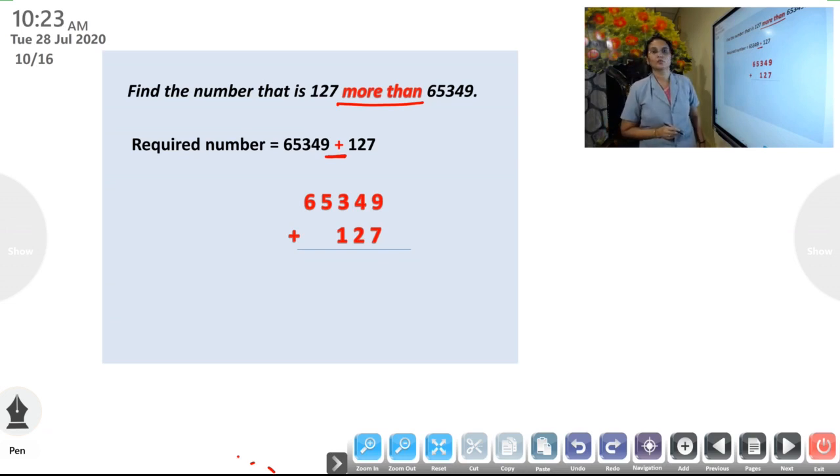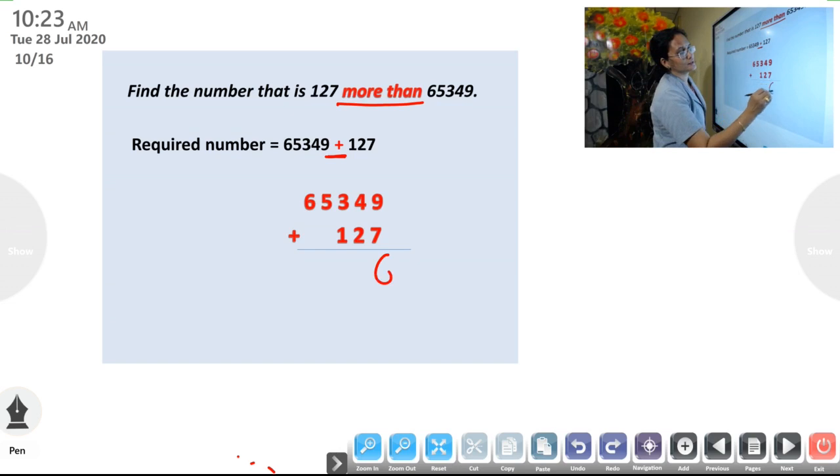65,349 plus 127. Now you have to arrange in columns vertically, one number under the other number. This addition you can do in the working column. Okay. 65,349 plus 127. Remember, more than means what? It is addition. Okay, start adding from the right side. From the ones place. 9 plus 7, 10, 11, 12, 13, 14, 15, 16.